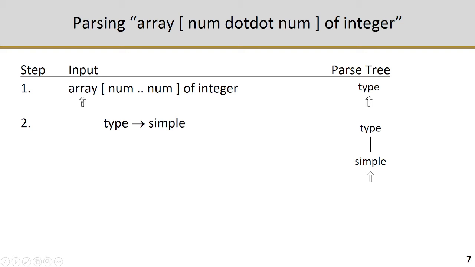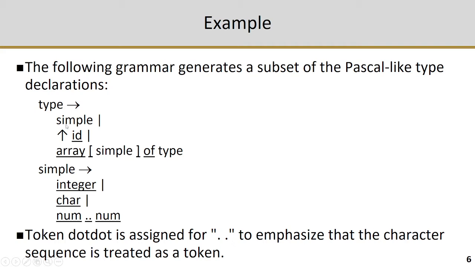So at the input we have array first, and since type is the start symbol, identified by the non-terminal on the left-hand side of the first rule in the grammar, we are going to apply all the rules one by one for the type first. For the type, we have three rules. It can be either a simple, or a pointer to an ID, or an array.